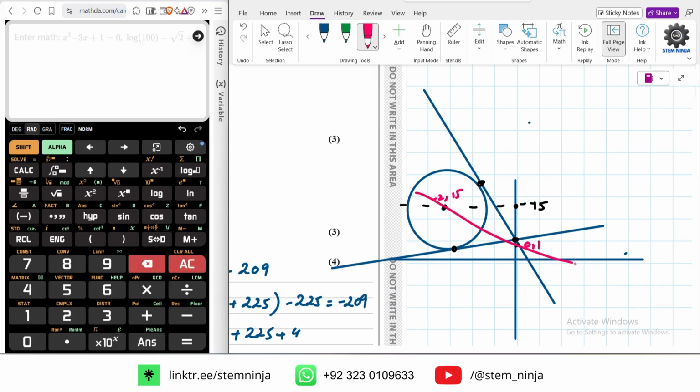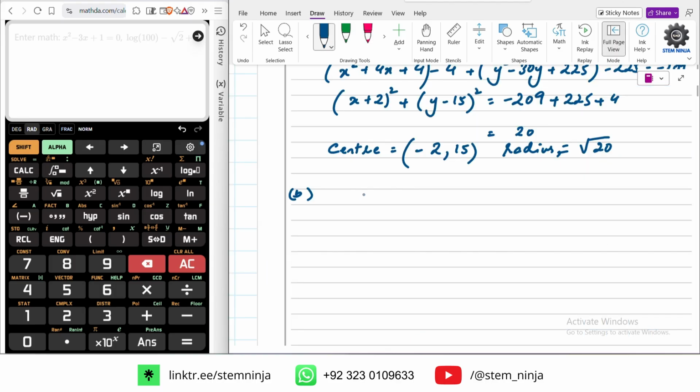There could be a line joining this point, and we also know that tangents are perpendicular to the radii this way. You have (x + 2) squared plus (mx + 1 - 15) squared equals 20.